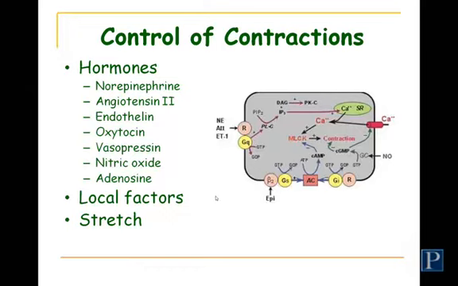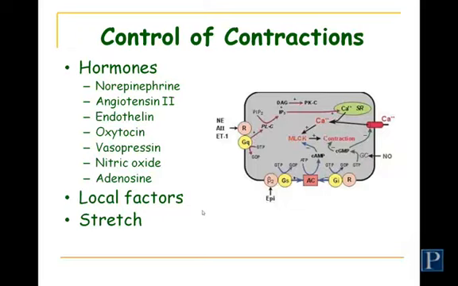We will be discussing a lot of these factors when we do our lecture on local control of blood flow. So you're going to see a lot of these again. Some other factors that are produced locally can control contractions. Local ions, if you have changes in certain ion levels, can affect whether or not the smooth muscle is contracted or relaxed, or even something like lactic acid.